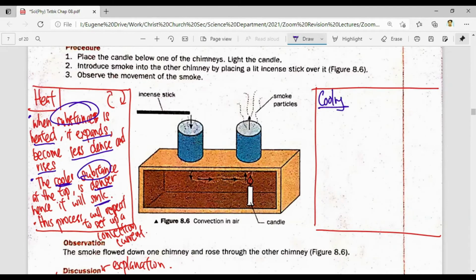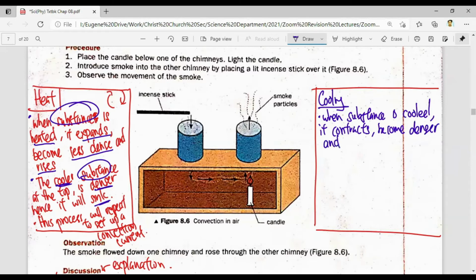So I'm going to write down here now. When the substance is cooled, it contracts, becomes denser, and sinks.